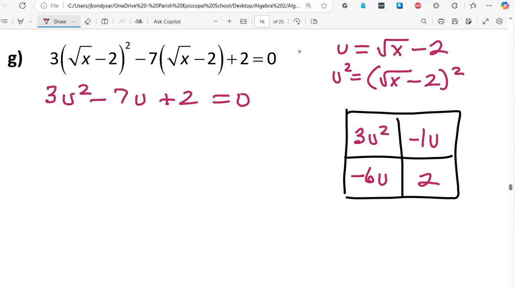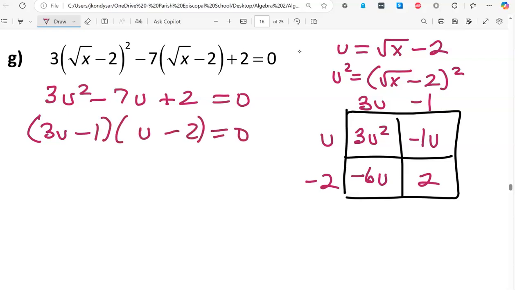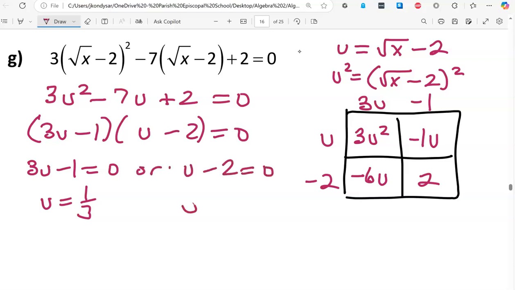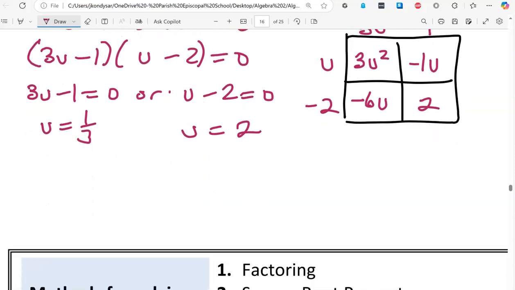The left column has a common factor of 3u, the right column a common factor of negative 1. The top row has a common factor of u, and the bottom row has a common factor of negative 2. So this factors into 3u minus 1 times u minus 2, and so setting 3u minus 1 equal to 0, u will be equal to 1/3, or setting u minus 2 equal to 0, u is equal to positive 2.